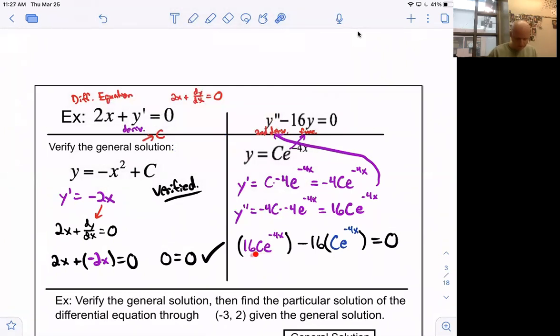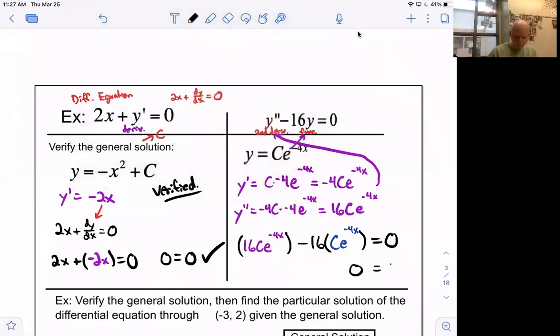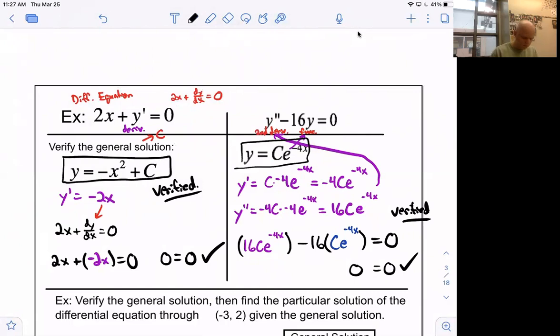And indeed, 16c e to the negative 4x minus 16 times c e to the negative 4x, those cancel out, and we just end up with 0 equals 0. So this is verified again. This function solves this differential equation. These are both solutions.